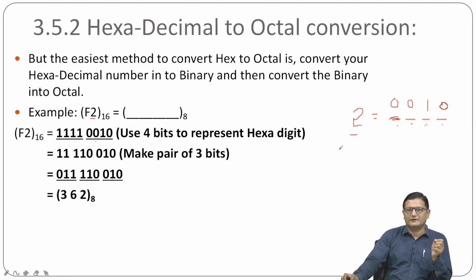Similarly, suppose F is given to you and you just have to compute the binary of it. F means it represents 15. So, here we have 15. Now, I will just mention the 4 bits.